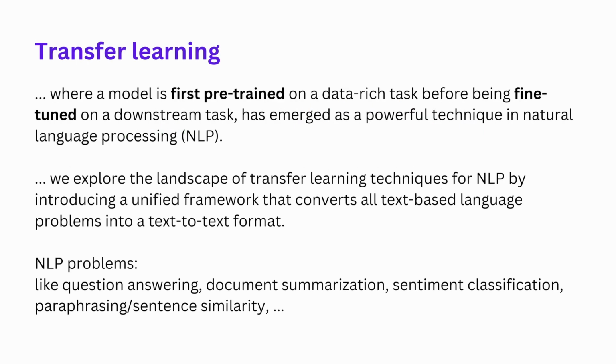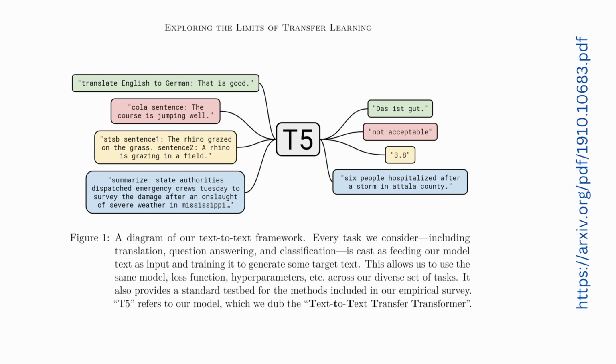And they examined this transfer learning model when they had first a pre-training on a data-rich task, before then fine-tuning the system on a downstream task. Actual downstream tasks are question answering, document summarization, sentiment classification, and their idea was to put everything in a text-to-text framework. And they wanted to explore the limits of transfer learning.